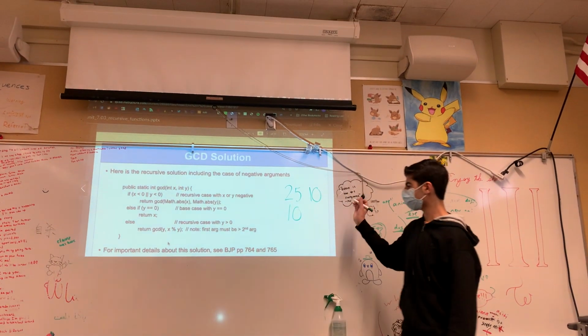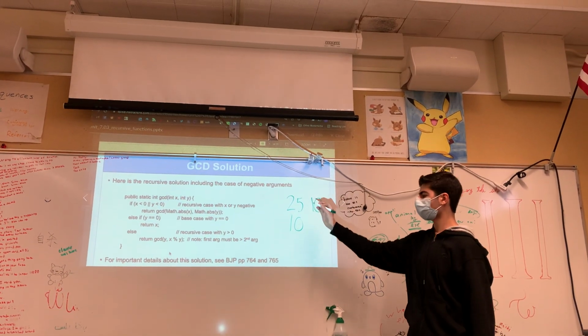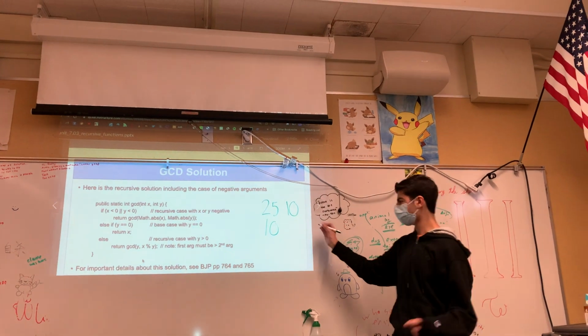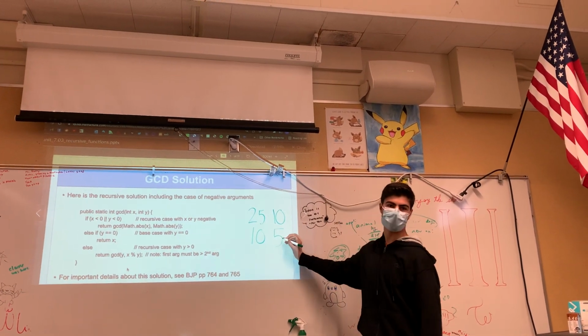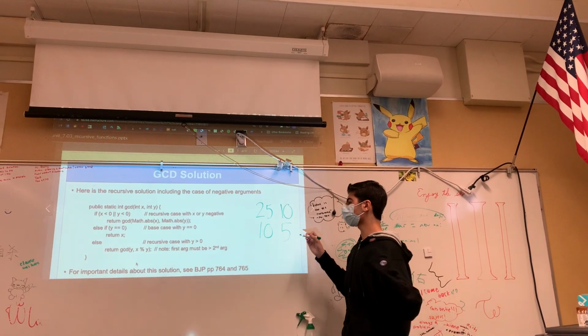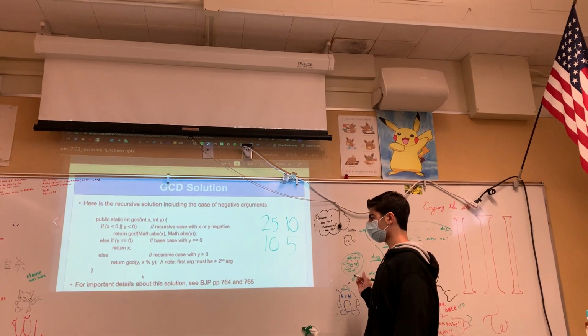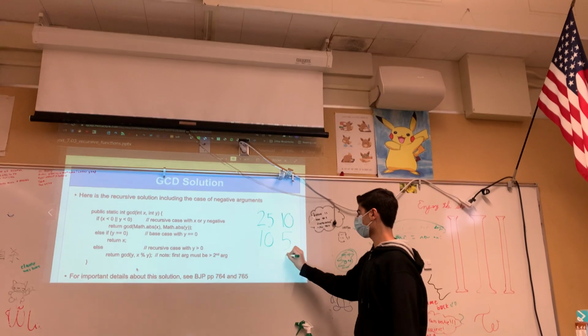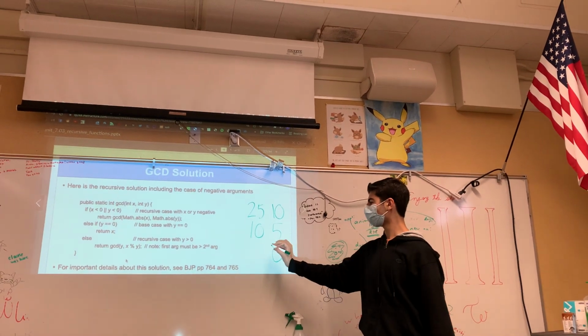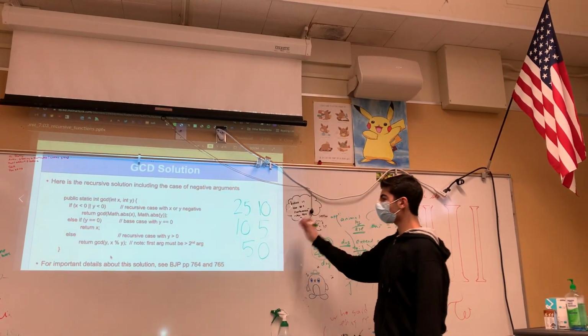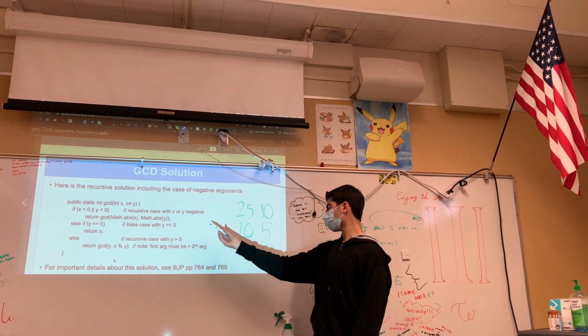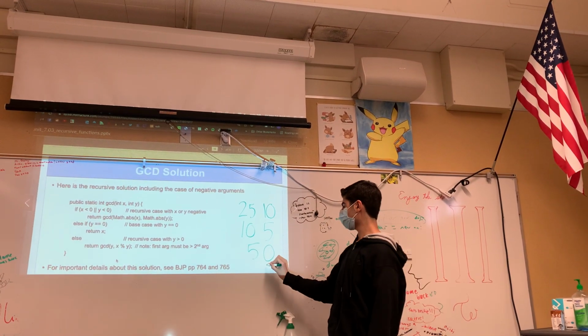What is our x mod y? 5. Does everyone see how this is 5? Yes, it's the remainder. Awesome. Are either of those negative? No. Does y equal 0? No. What's the remainder? Alright, I did that out of order, sorry. What's our y? 5. So now it's 0. So it returns our x, which is 5.